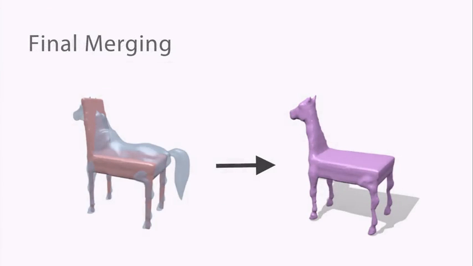So after the final configuration is obtained, we get our final output by removing the parts of the animal shape that lie in the restricted zones. So we chop off the back and the tail of the horse. And we remove the parts of the base shape that have been replaced by parts of the animal shape. So you see like the chair's legs are removed because they seem to have been replaced by the animal's legs.